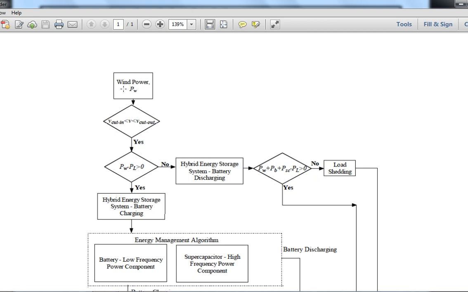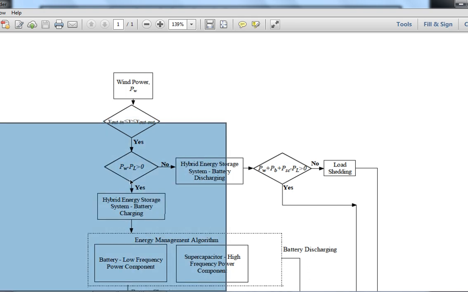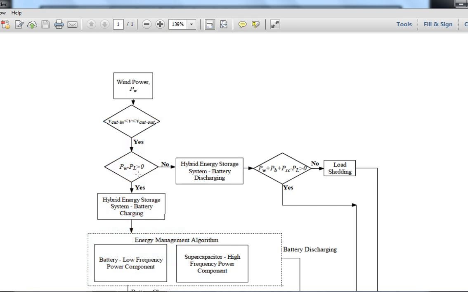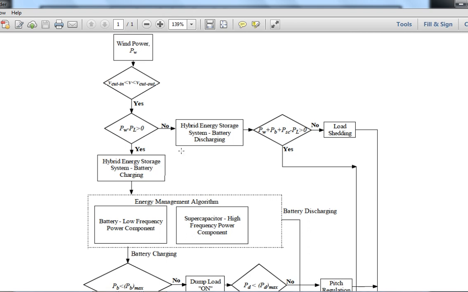This algorithm will detect the wind power first, and check whether the wind speed is within the permissible range or not. If it is between the cut in and cut out level, we will have the power PW minus PL, that is power from wind minus power from load. If it is greater than 0, then the battery will be charging, otherwise the battery will provide backup.